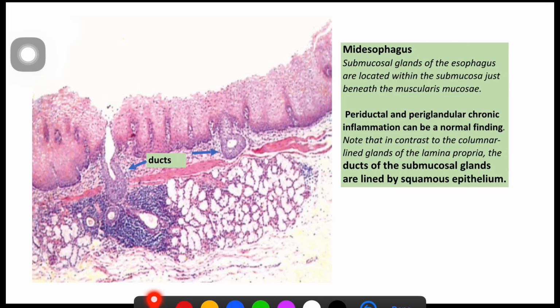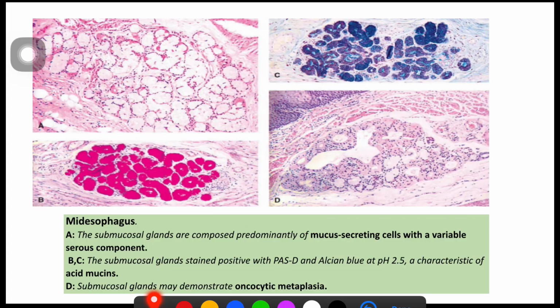These are the glands lined by cuboidal epithelium. In the mid esophagus, the components of the gland are mucus secreting cells with variable serous components. So these are the mucus components of these glands, and some of the glands with abundant pink cytoplasm are the serous glands.